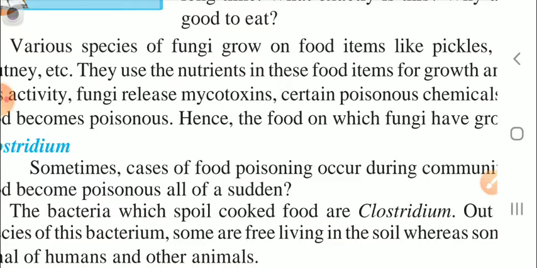So during this activity, what are these fungi doing? They are releasing mycotoxin, which contains certain poisonous chemicals, into the food, and this way the food becomes poisonous. Therefore, we should not eat food on which fungi have grown. Such food we should avoid eating.